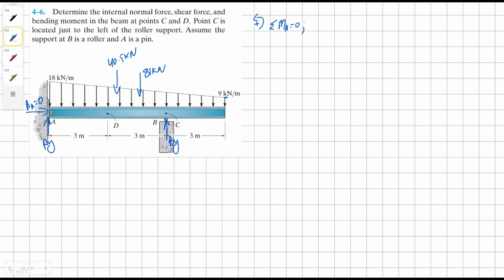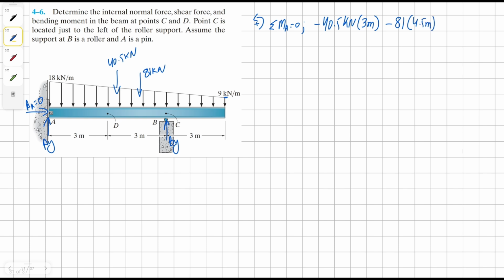We're going to have 40.5 kilonewton, and it's clockwise, and it's going to be one third of the length of the beam from A. So in this case it will be 3 meters. Then we have the clockwise 81, and it's halfway, so half of 9 is 4.5 meters.